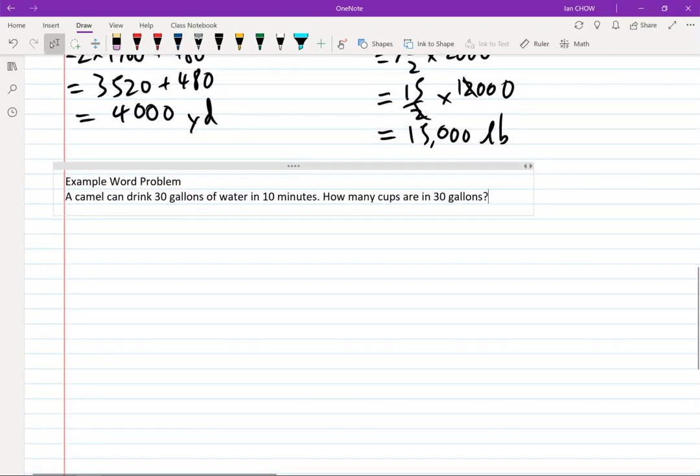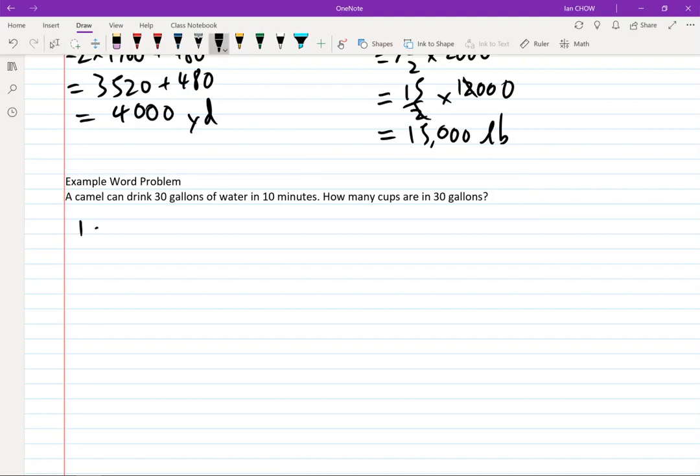First of all, we need to understand that 1 gallon is 4 quarts. And so 4 quarts, if we want to convert it to how many cups, 1 quart has 2 cups. And so 4 quarts is going to be 8 cups in total. And then, so 1 gallon is equal to 8 cups.